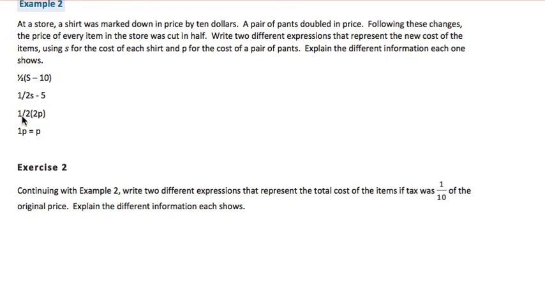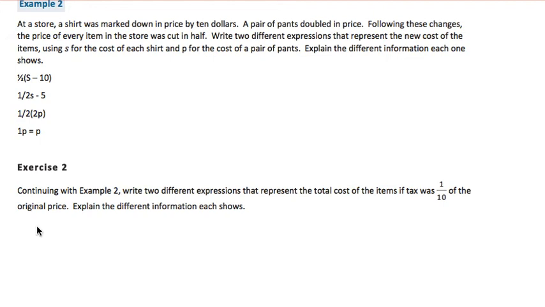And the price of the pants would be 1/2 times twice the original price of the pants. Or if we multiply that out, we get 1 times the original price of the pants. And as you can see, if we distribute and actually multiply our expressions out, they're a lot easier to understand.